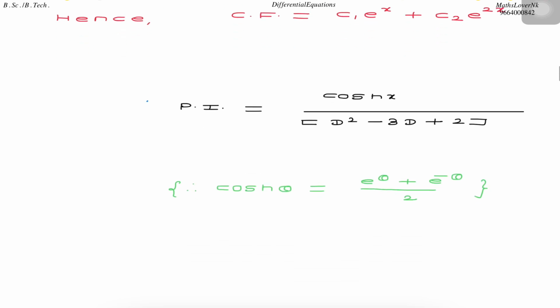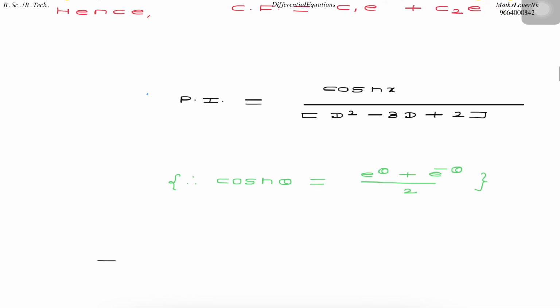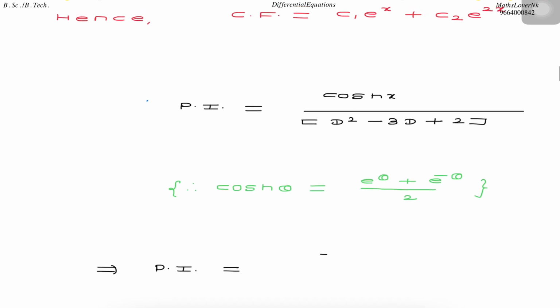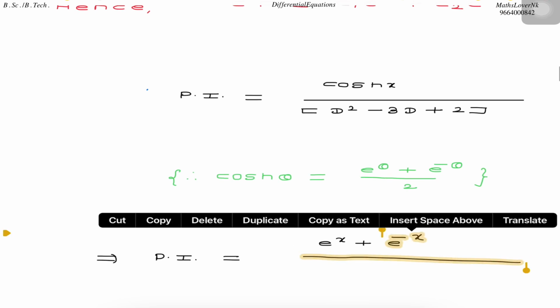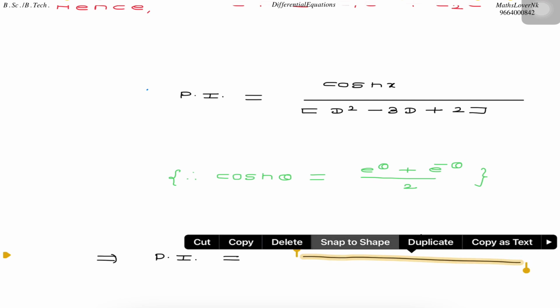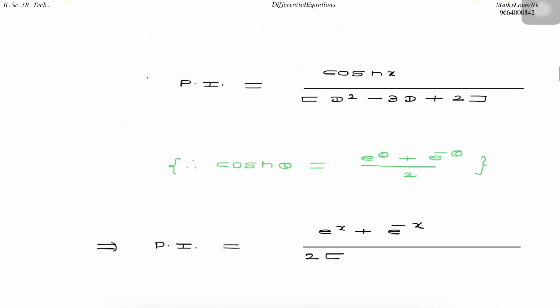So we can write PI is equal to (e to the power x plus e to the power minus x) upon 2 in the denominator, then 2 in the denominator. D squared minus 3D plus 2 in factor form can be written as (D minus 2)(D minus 1).